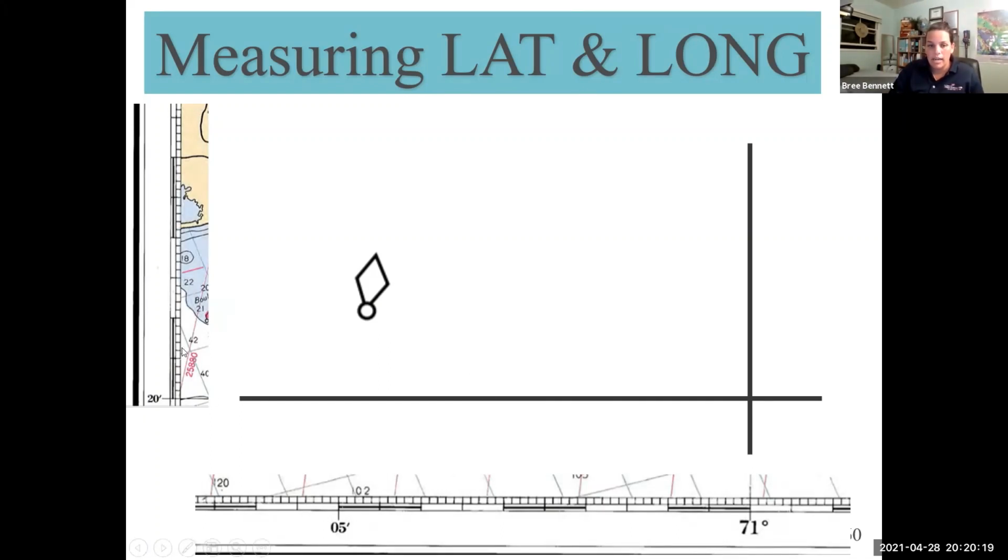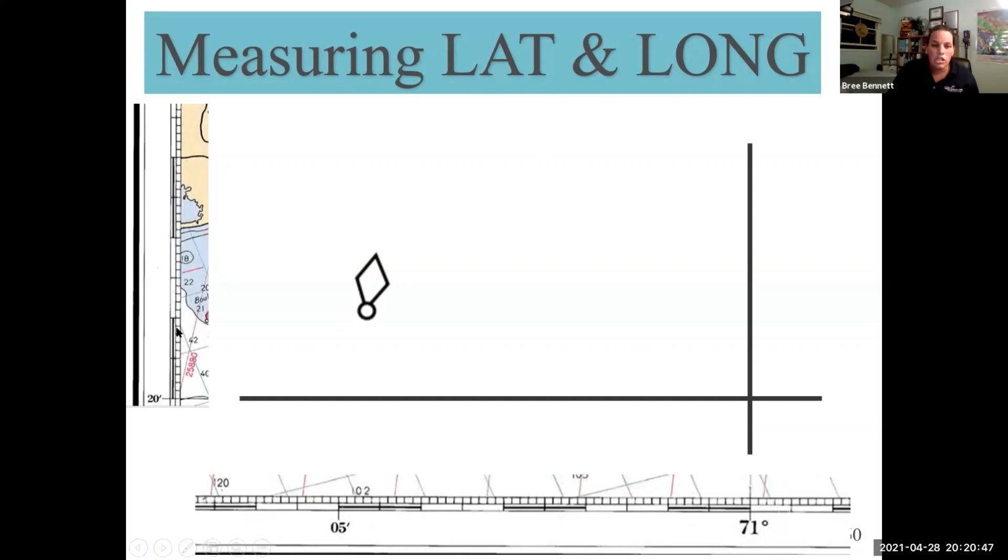So how to measure your latitude and longitude. Remember, on our charts, the degree is not repeated every time, but we have the minutes every 10 minutes, or 5, so we have, no, it's 10. 20 minutes of latitude, and then it is marked at 25 minutes, 30 minutes, et cetera, et cetera.